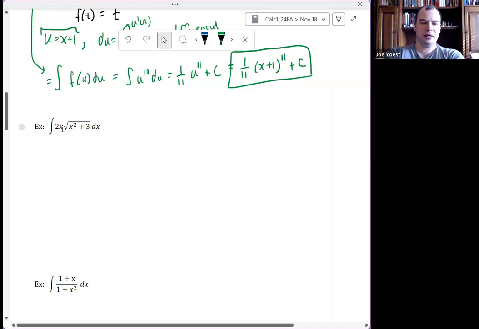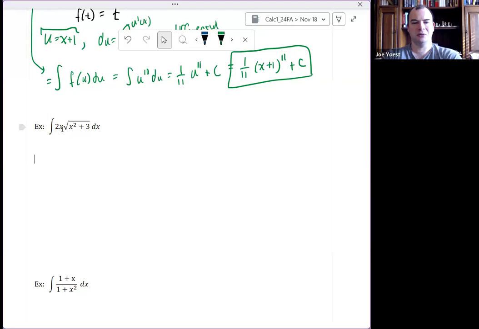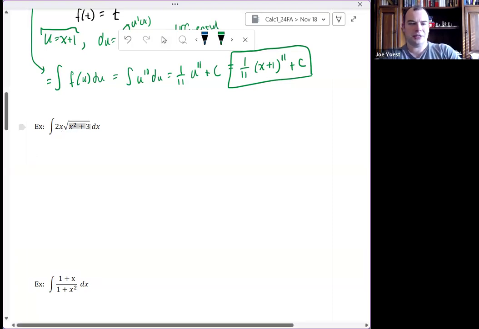It would be pretty easy to work with. Maybe there's an absolute value of x there that makes things a little more complicated, but I could work around that pretty easily. So the thing that makes this challenging is the fact that I have a square root of x squared plus 3.